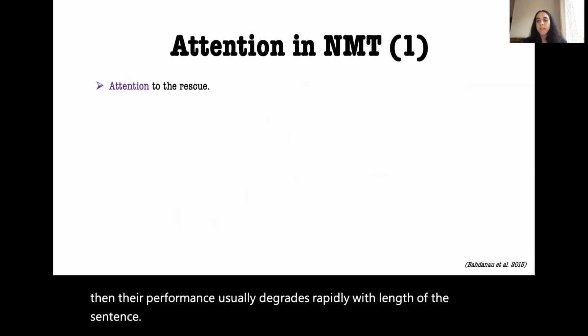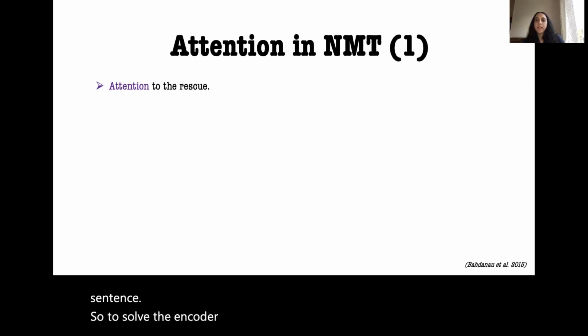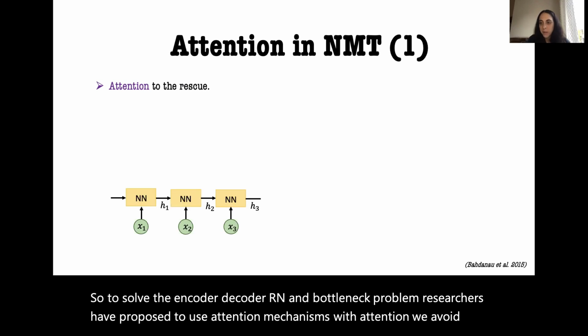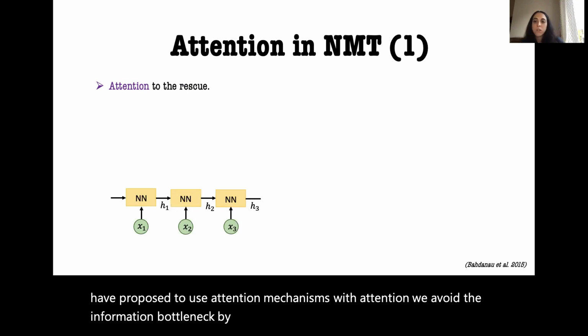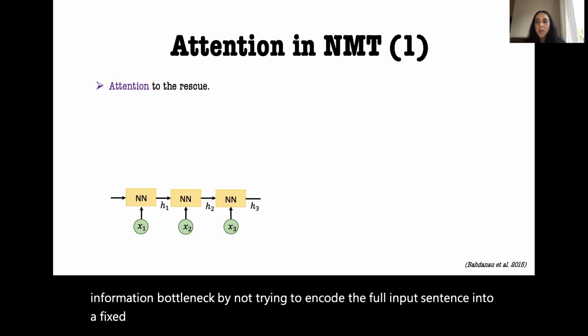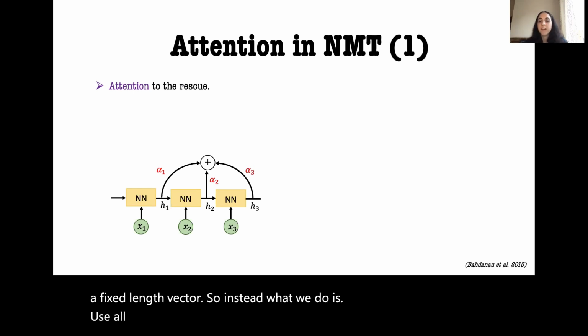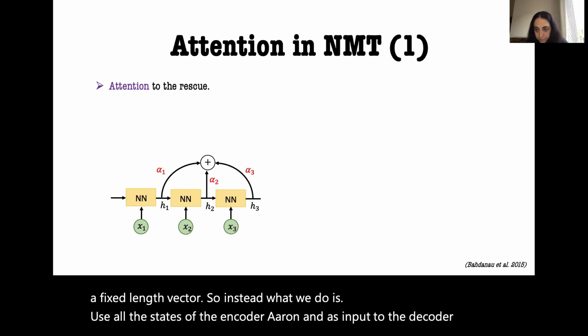So to solve the encoder-decoder RNN bottleneck problem, researchers have proposed to use attention mechanisms. With attention, we avoid the information bottleneck by not trying to encode the full input sentence into a fixed length vector. Instead, we use all the states of the encoder RNN as input to the decoder RNN.